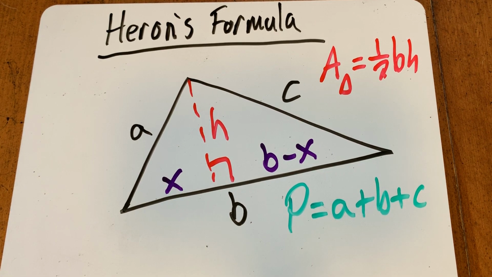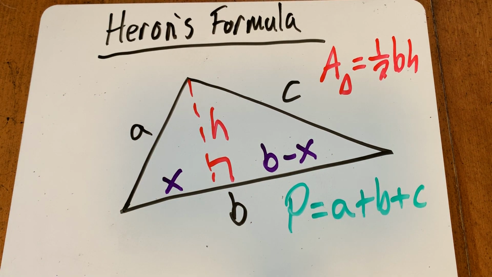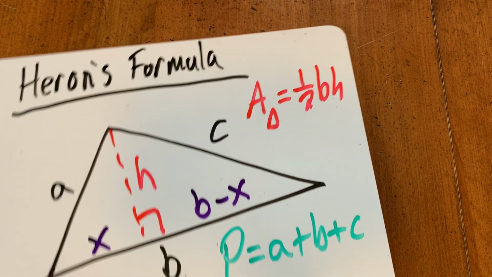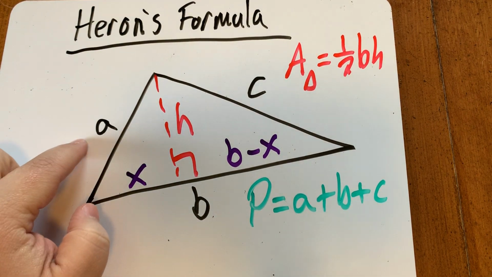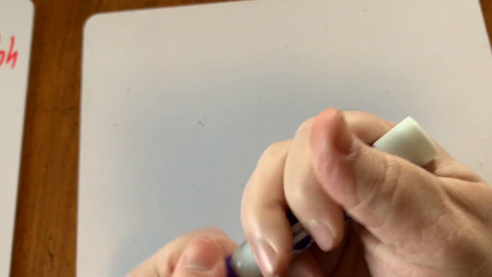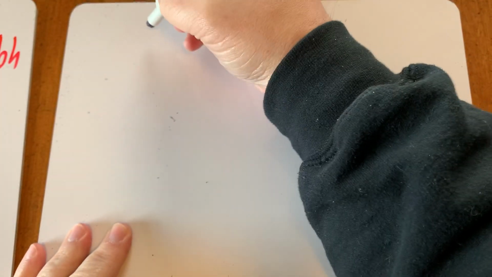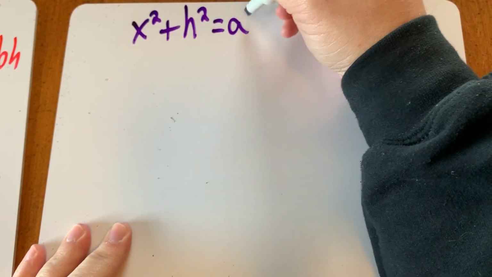So now we have expressions relating all three sides of the right triangles. Oh, we know a theorem that relates all three sides of the right triangles. It's called the Pythagorean theorem. So if we take these triangles and we work with our Pythagorean theorem, for our first triangle, x squared plus h squared equals a squared.